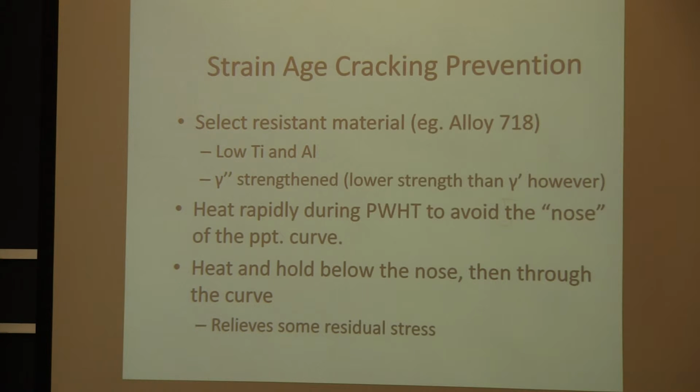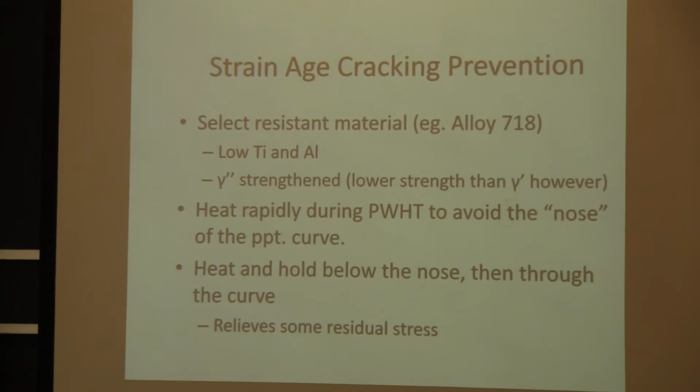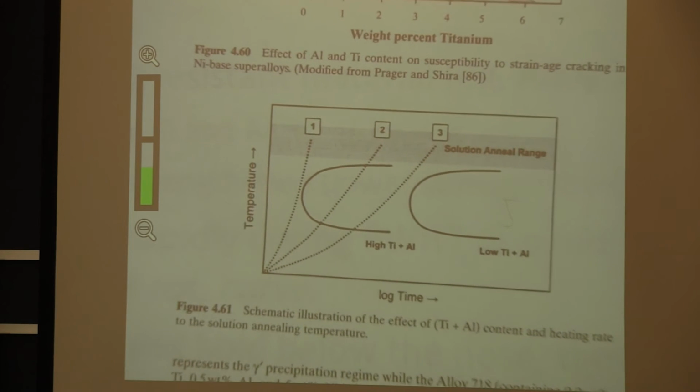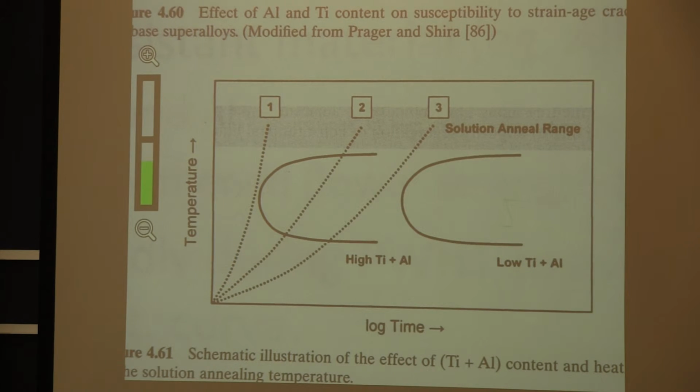Let's see, back to preventing strain age cracking. You can also heat rapidly during post-weld heat treating to avoid the nose of the precipitation curve. Have you showed them curves with noses and things like that? So I'll put this back up here. But this one here, as you're heating during your post-weld heat treatment, the mechanism of formation of the precipitate takes some time, and so you've got these noses of precipitation curves.